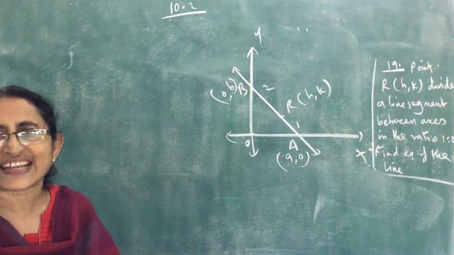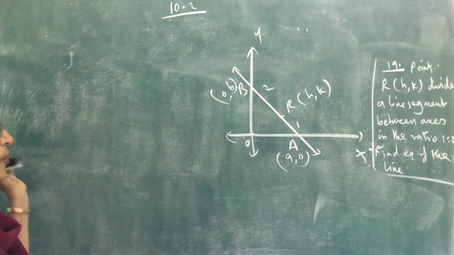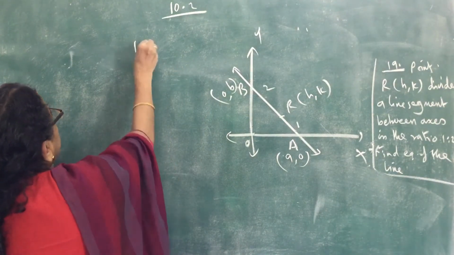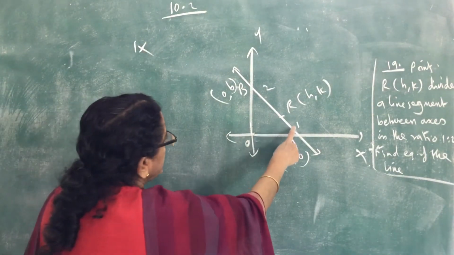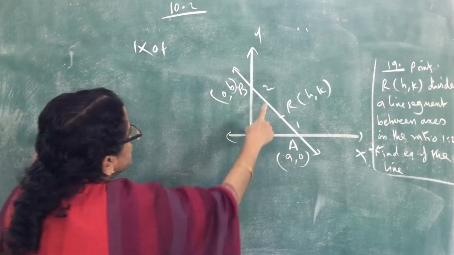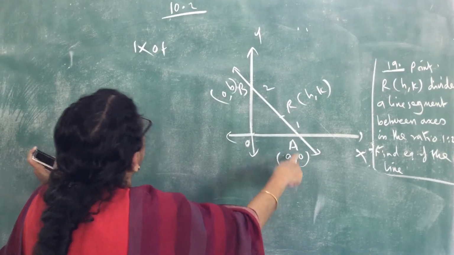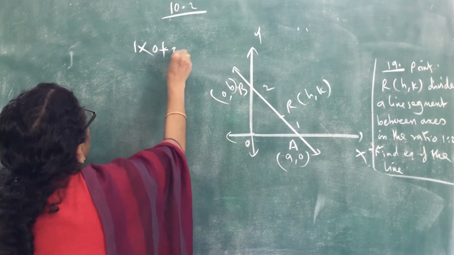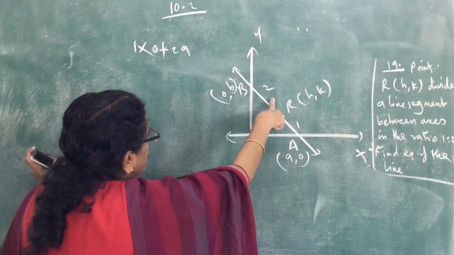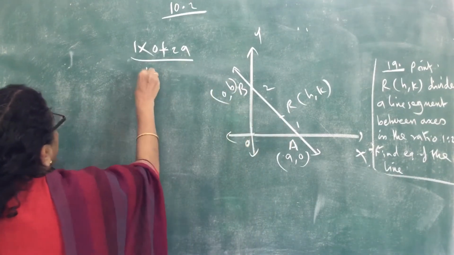we can use the section formula. So using the section formula, how can we write? 1 into the x coordinate 0 plus 2 into the x coordinate A, that is, 1 into 0 plus 2 into A, divided by 1 plus 2.